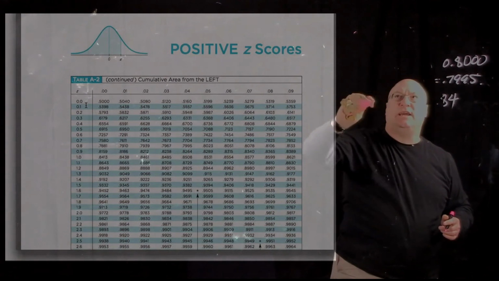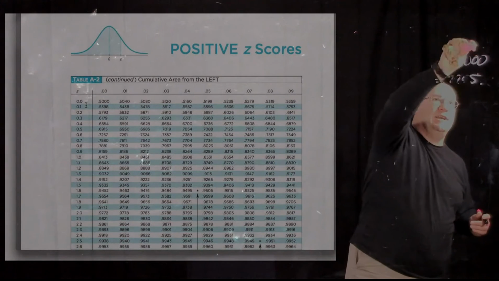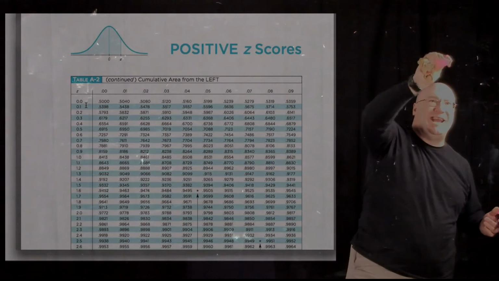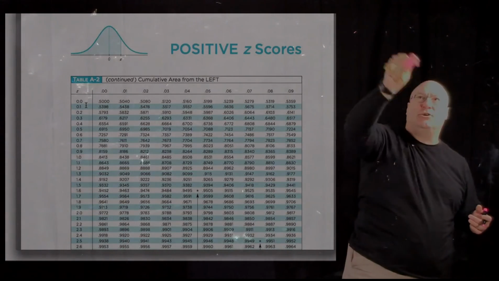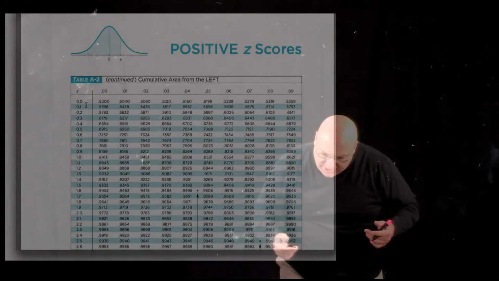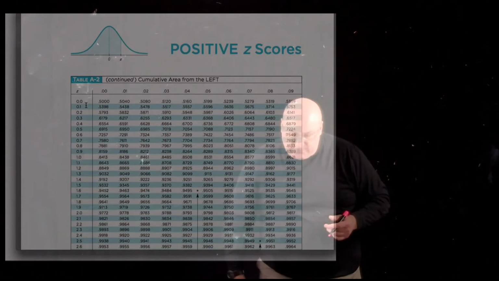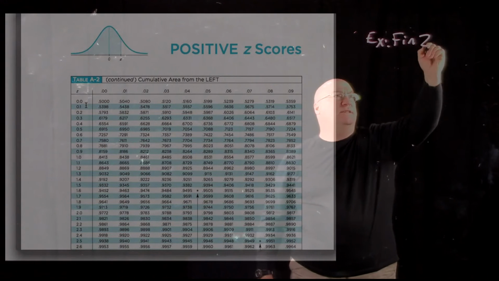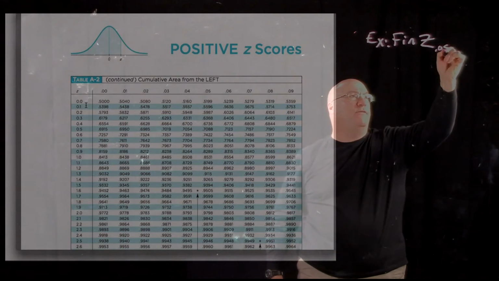So if I want to indicate the z-score that has a usually small amount of area alpha to its right, I will write that z-score as z sub alpha. So for example, let's find z sub 0.05.